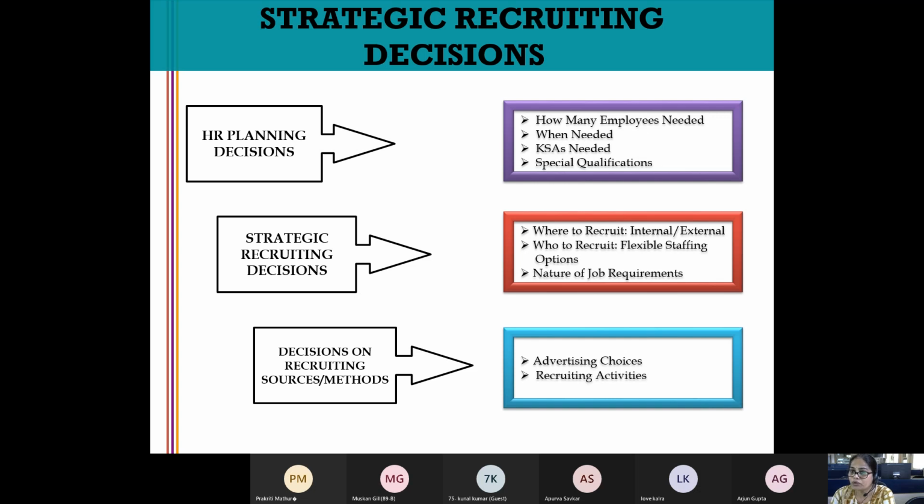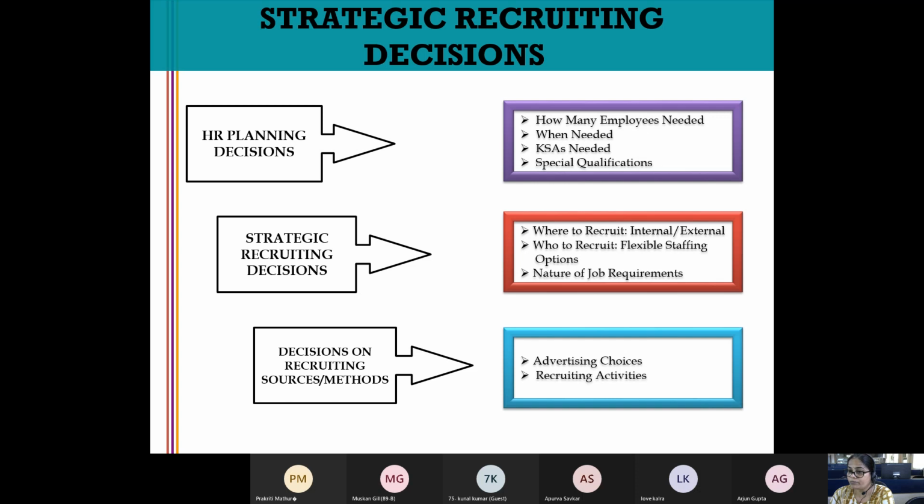And then strategic recruiting decisions: where to recruit, whether we are going to select them internally or externally. Whenever you make the choice of internal or external, automatically there are advantages and disadvantages. If you are recruiting internally, it causes inbreeding. People may feel competition, but they don't come with new ideas.